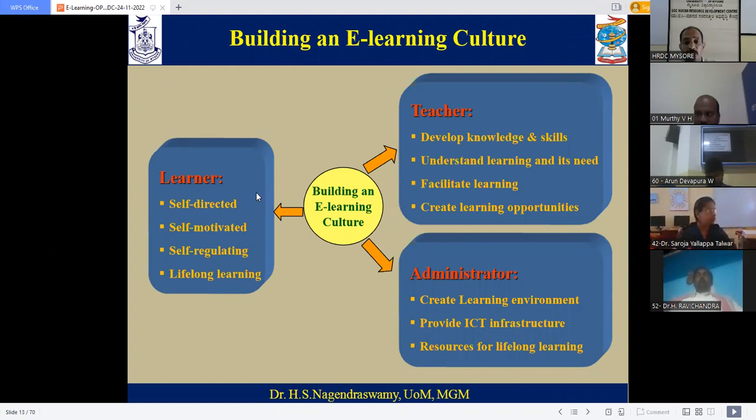That's how we can make use of the technology and e-learning platform for such a thing, and that is called lifelong learning. So building an e-learning culture involves these three important components: the teacher, administrator, and the learner. Put together with the technology and all the supportive tools, we can build an e-learning culture, right?